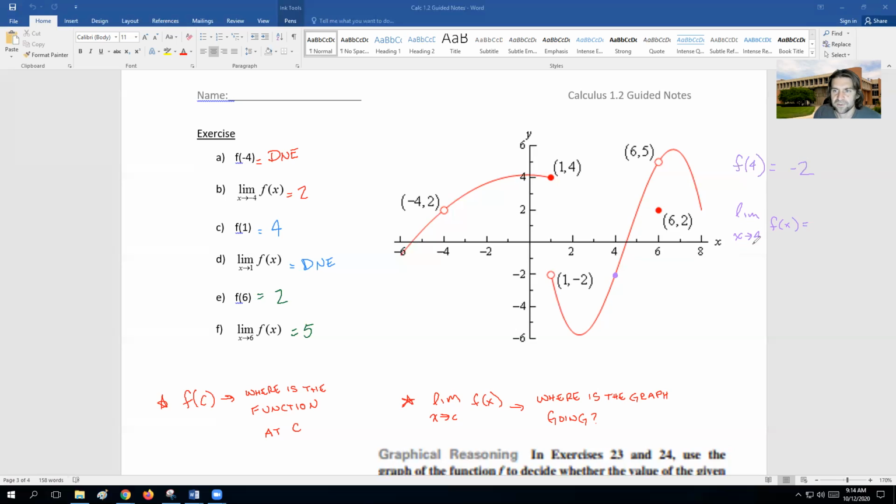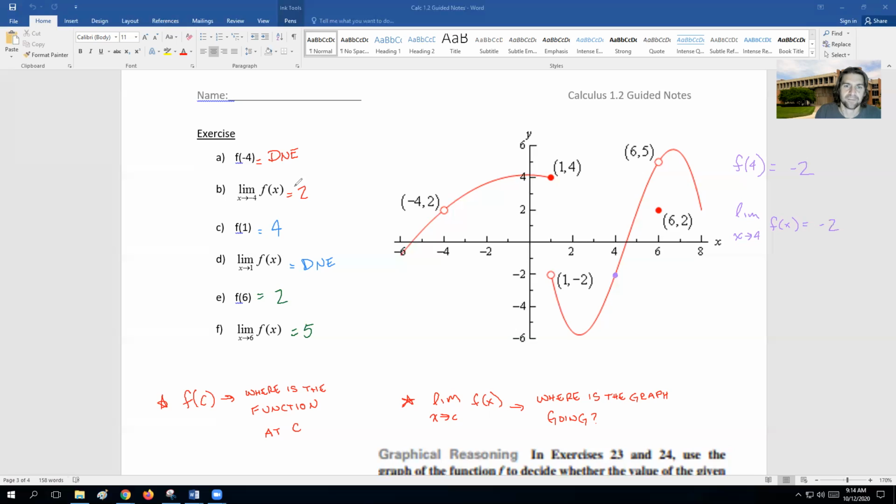Now, what's the limit as we go towards 4? As I go towards 4, I'm going closer to -2. If I go from the right side, I'm also going towards -2. So there are definitely times where the limit does equal the actual value. That's going to be the first scenario in the next section, the easy stuff where it works out nicely.